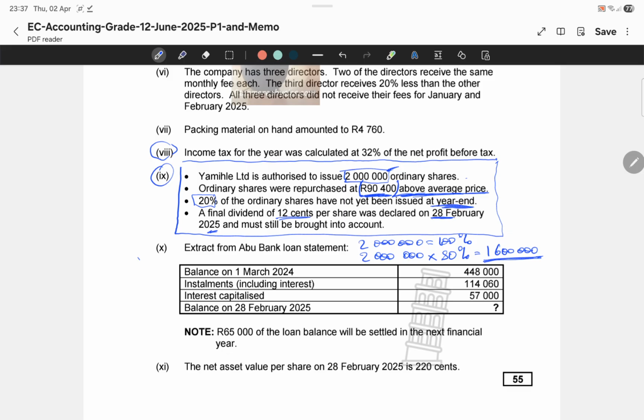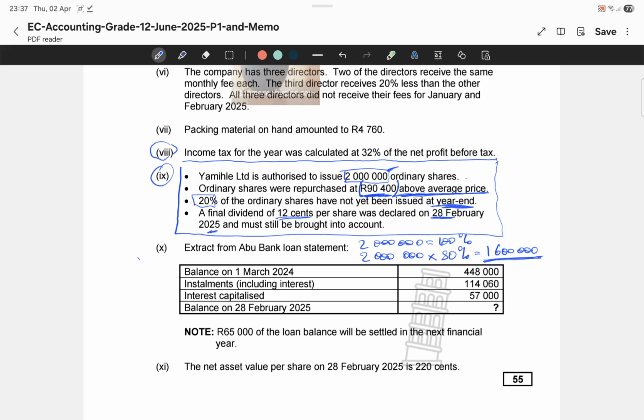And remember, final dividends are only declared at the end of the year. So whenever you see information of ordinary shares at the end of the year, just know that this information is regarding the final dividends, even though you are not required to calculate any final dividends.